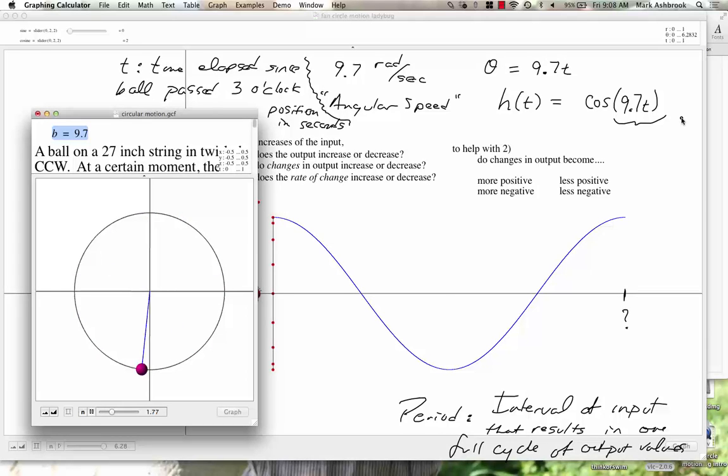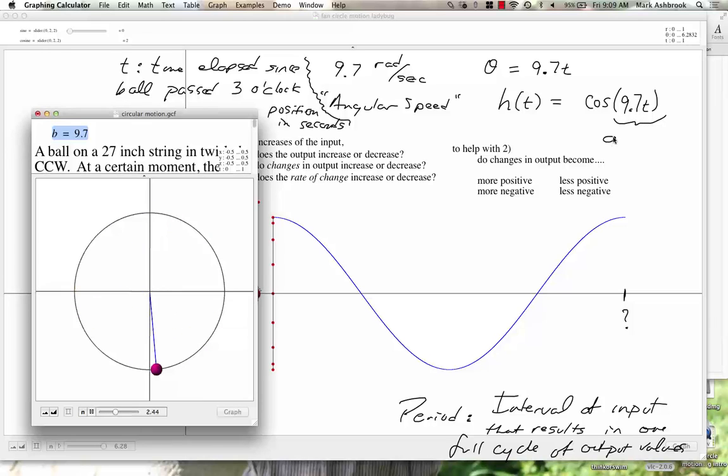You make it once around the circle, and then it starts over. So when this thing right there reaches 2 pi, we want the amount of time t that will make that thing reach 2 pi. So we want how much time needs to go by so that this, our angle measure, reaches 2 pi.